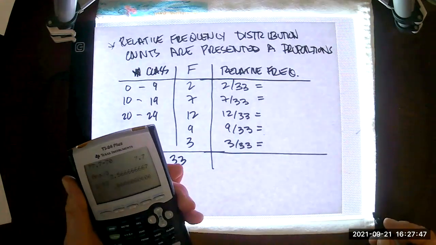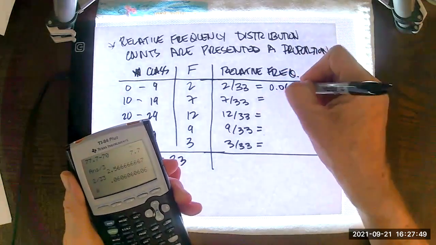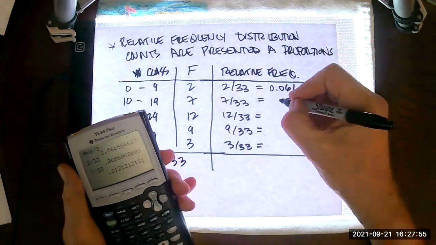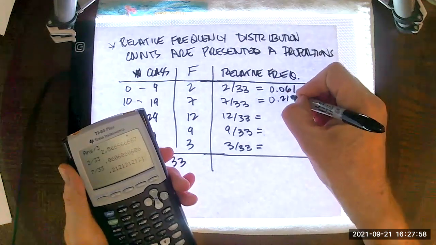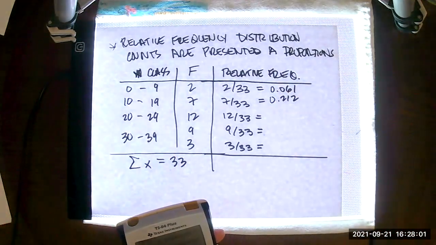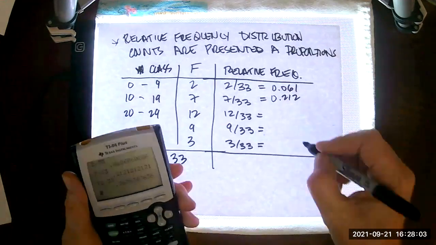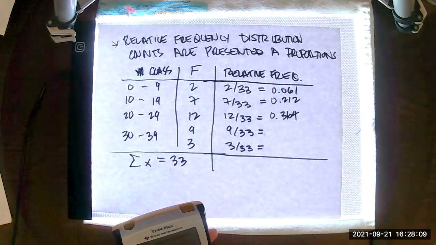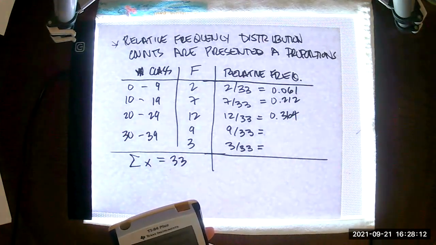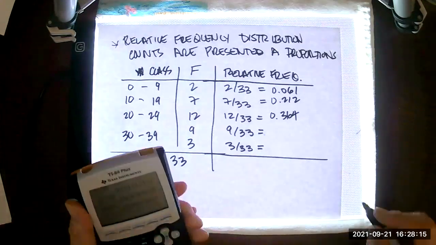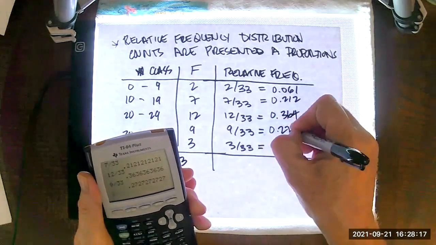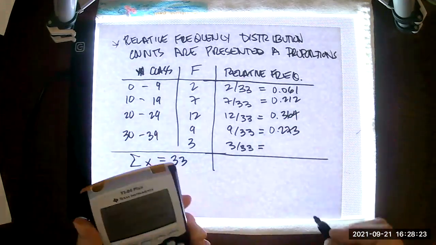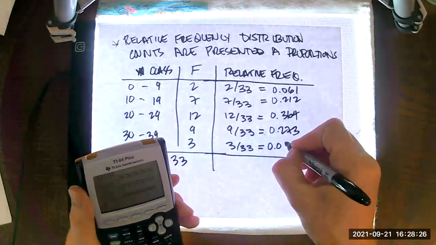So 0.061, 0.212, 0.364. I'm rounding as I go. If you're doing this on your calculator, you'll be seeing numbers that need to be rounded. 0.273, and then 0.091, 0.091.